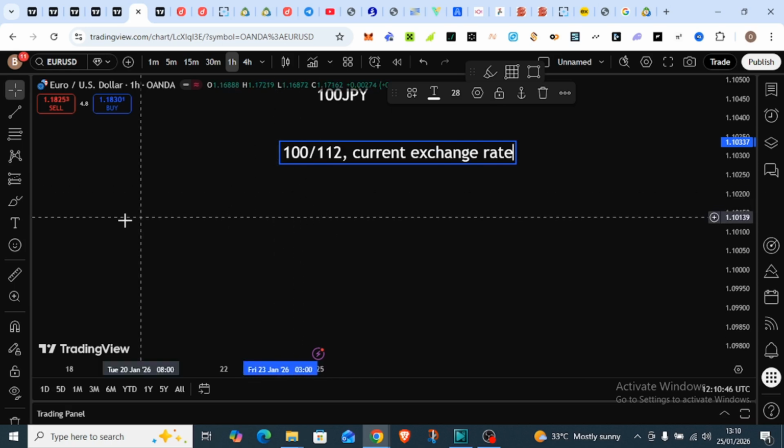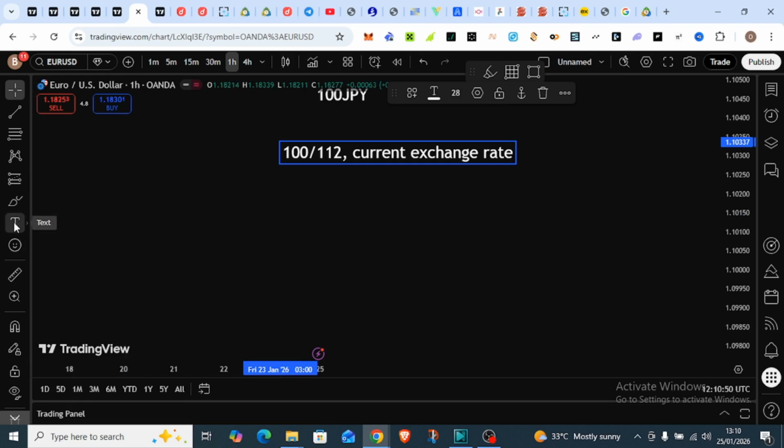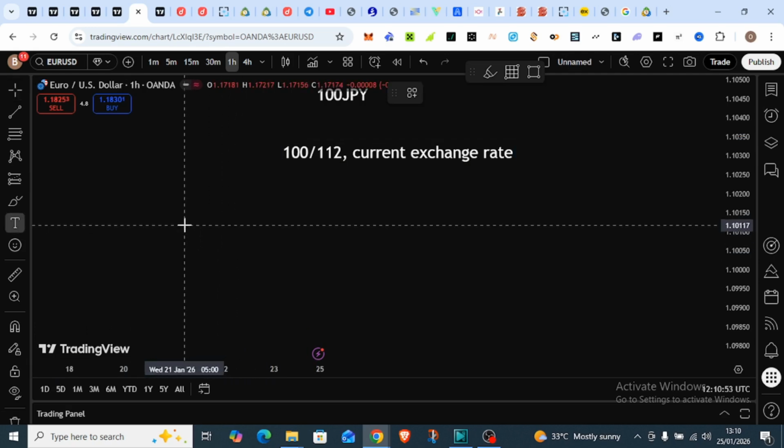So the starting price, that's the initial price now.